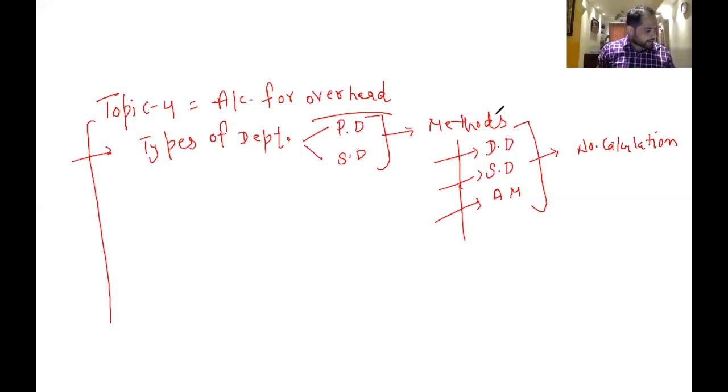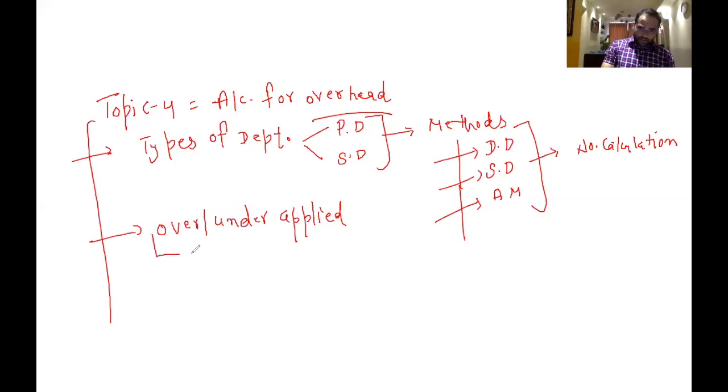Then next thing you need to know is over and under applied. What's the difference between over and under applied? Of course, this belongs to ABC and traditional costing.